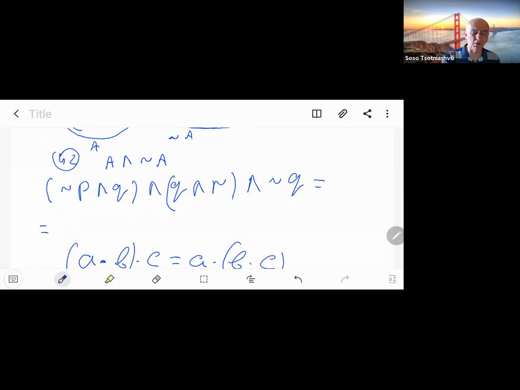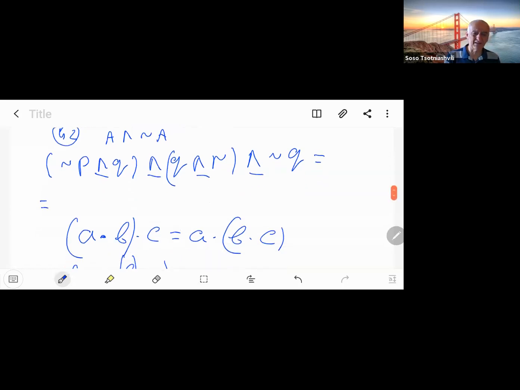Yes, we have only one operator, and these operators are absolutely the same. It's our advantage, very good for us, because it's easier to solve. We can use the commutative rule and also the associative rule.